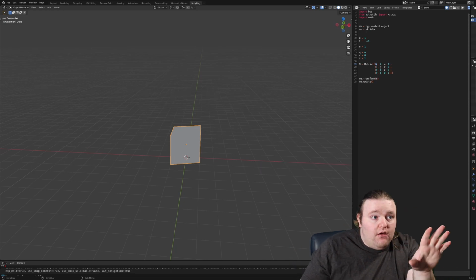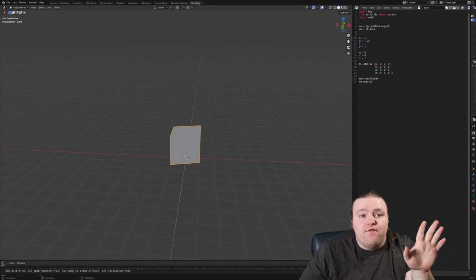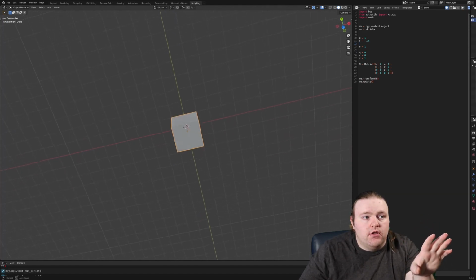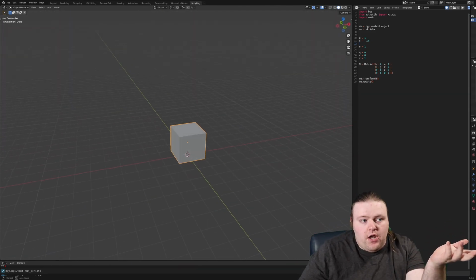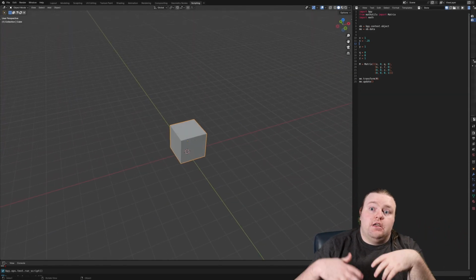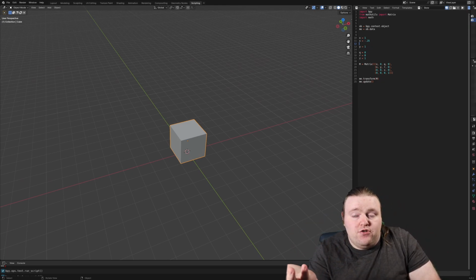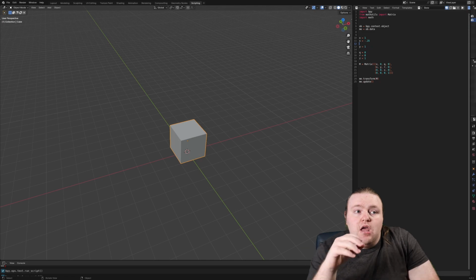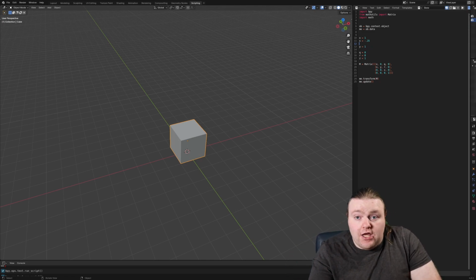So now, if we go backwards, we change this to the inverse matrix, we're actually going to get back our cube. Boom. There it is. And so just one button, and it's undone. And this happens to be a property of inverse matrices and just matrices in general, that they have the commutative property of multiplication.